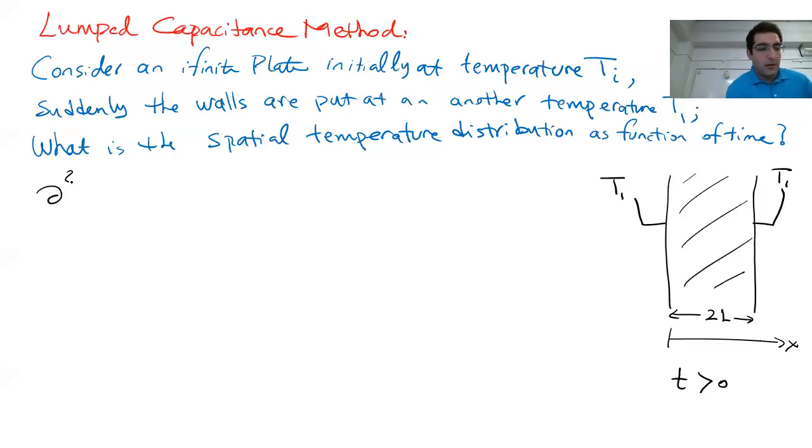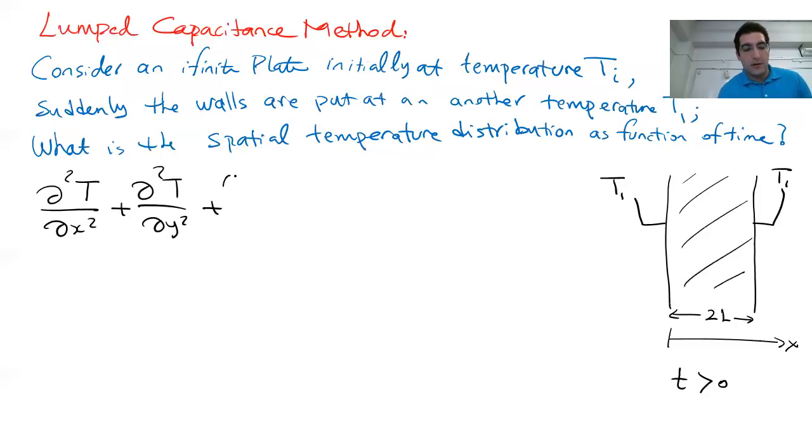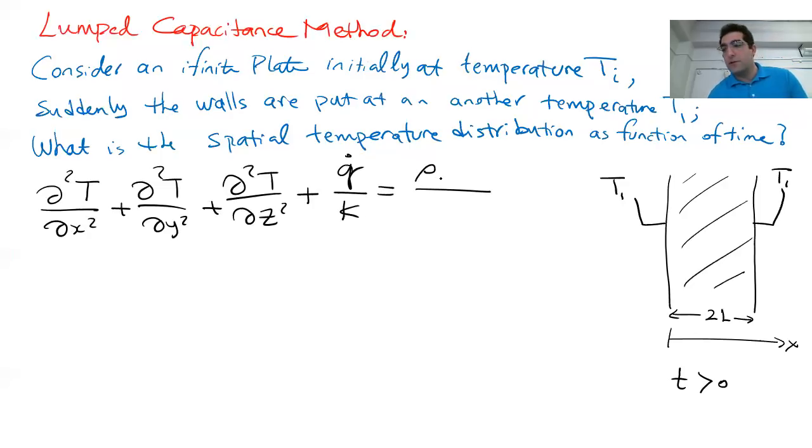We had the second derivative of temperature with respect to x, plus del 2T del y squared, plus del 2T del z squared, plus, if we have any heat generation, the heat generation term, q dot over k, is equal to rho, which is density, Cp, specific heat capacity, divided by thermal conductivity, times del T over del time. So that's the main governing equation we have.